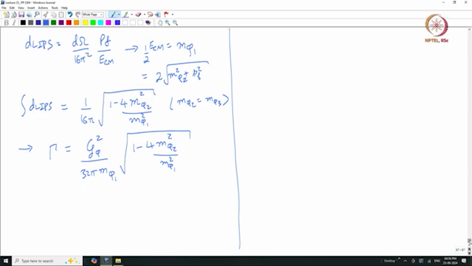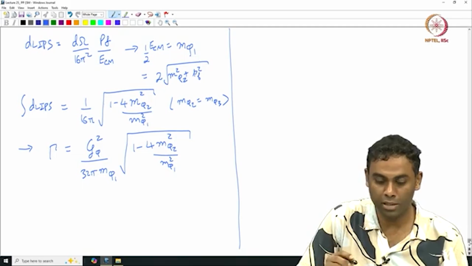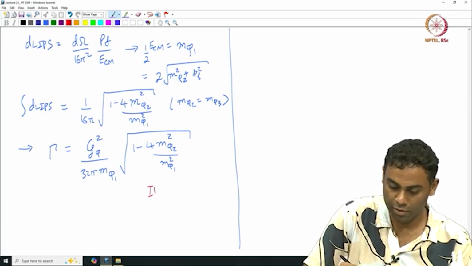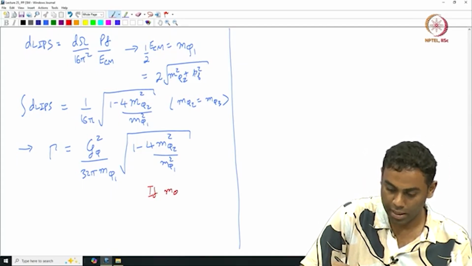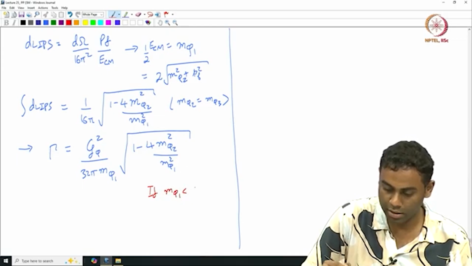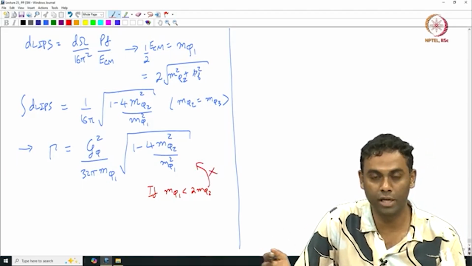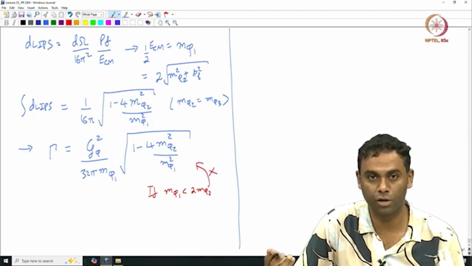The other interesting thing is the phase space integral has made sure that if m phi 1 was less than 2 m phi 2, then this will not work out, there is no decay rate to talk about, because it is under the square root.